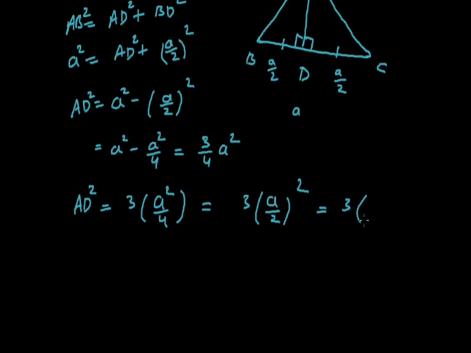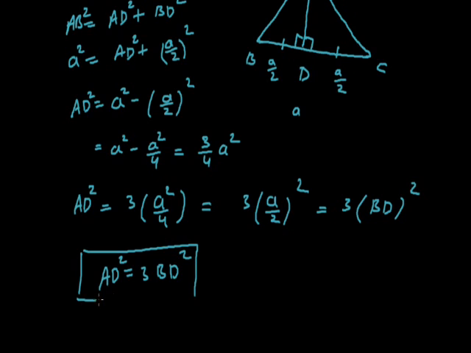So in place of A by 2 we write BD square. So AD square is equal to 3 times BD square. So this is the relationship between AD and BD, that is AD square is equals to 3 times the BD square.